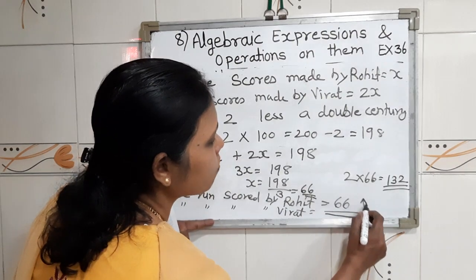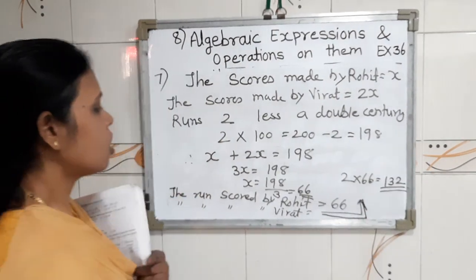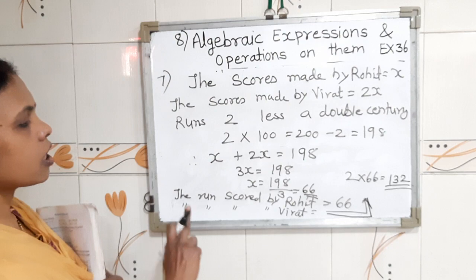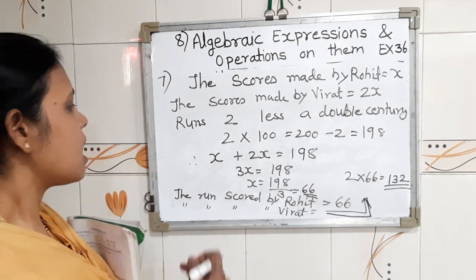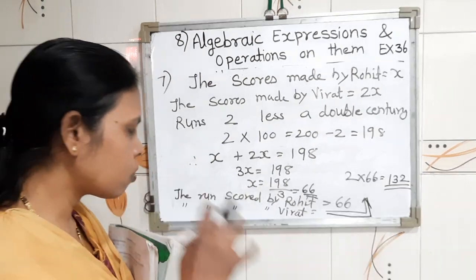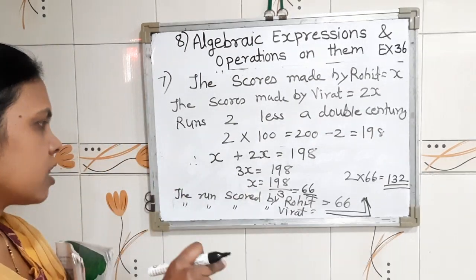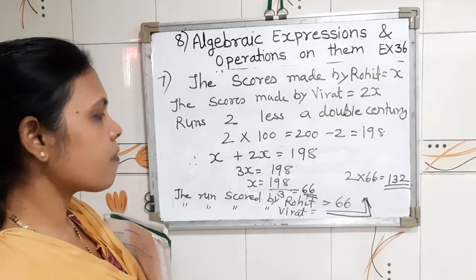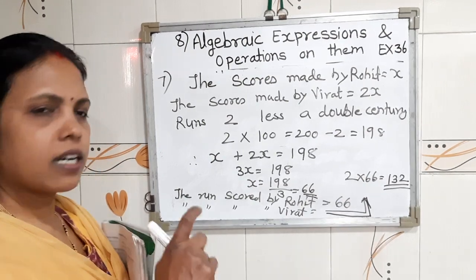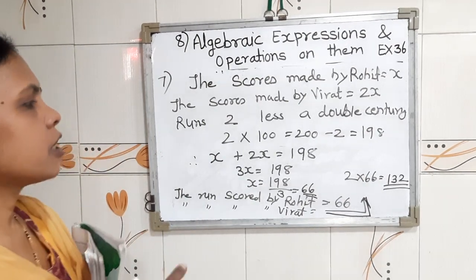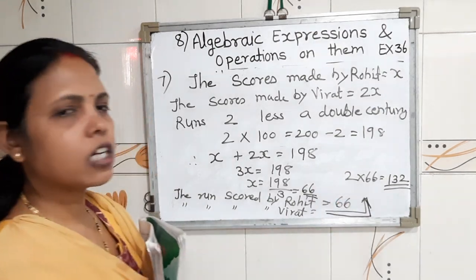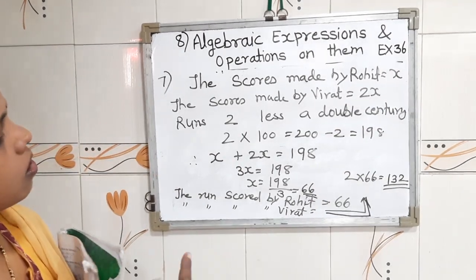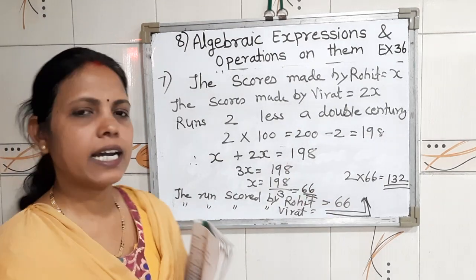I hope you understood. So children, the runs scored by Rohit equal to 66, and Virat made double of that. Therefore, the runs scored by Virat equal to 132, and both of them made 198 runs.